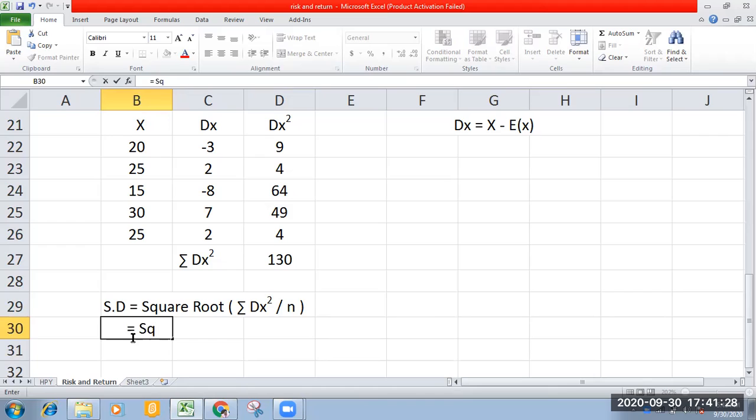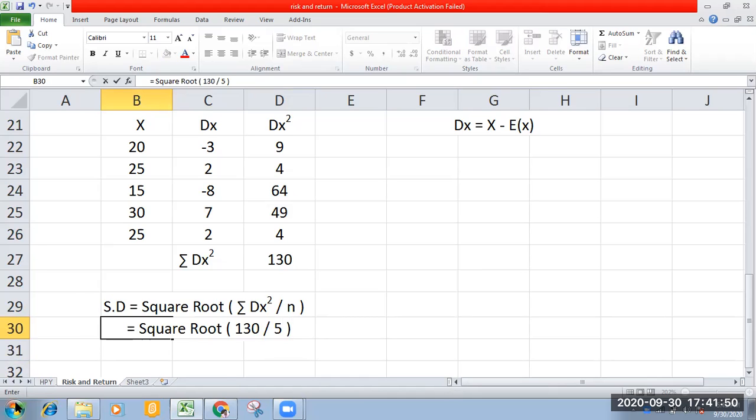You can use the symbol of square root. I'm substituting 130 in the place of sigma dx square, and the number of terms is again 5.